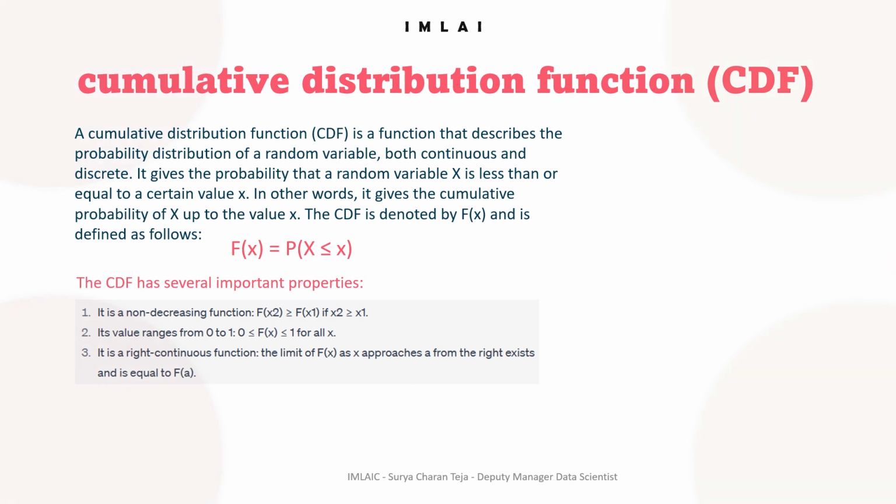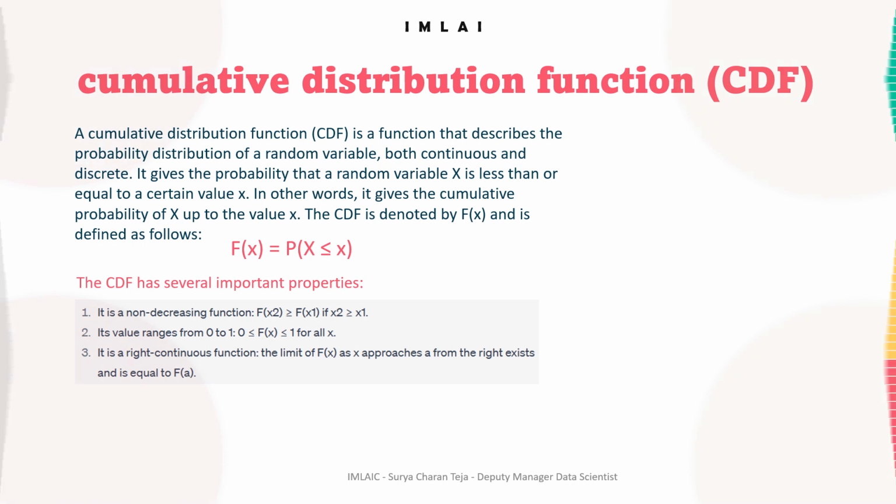And second, the CDF is a right continuous function, which means the limit of F of x as x approaches a from the right exists and is equal to F of a.